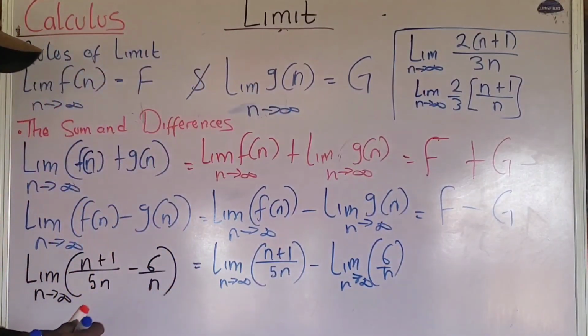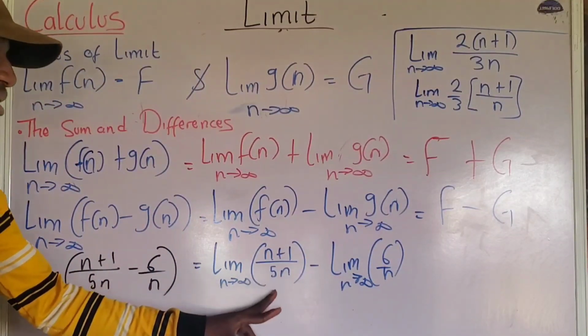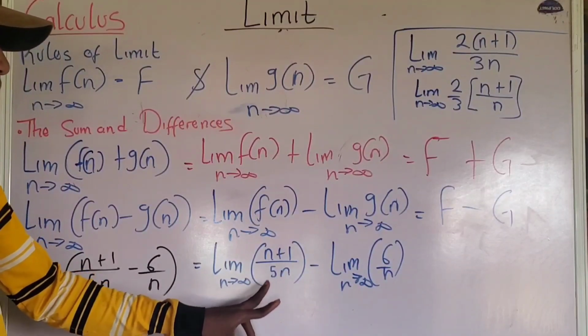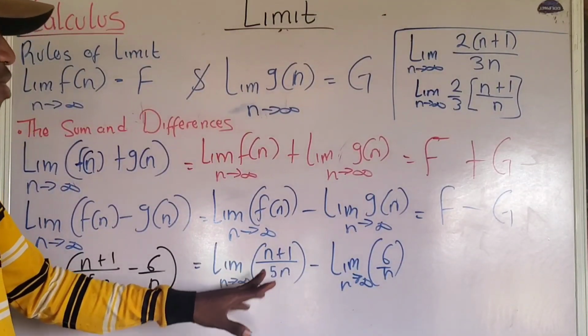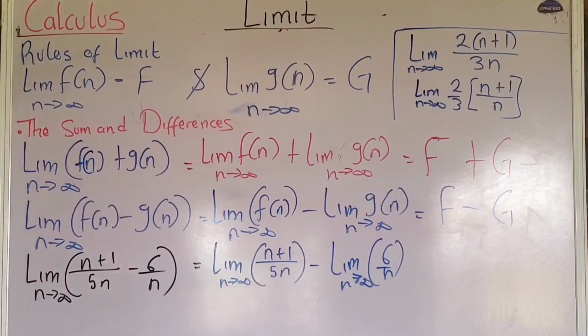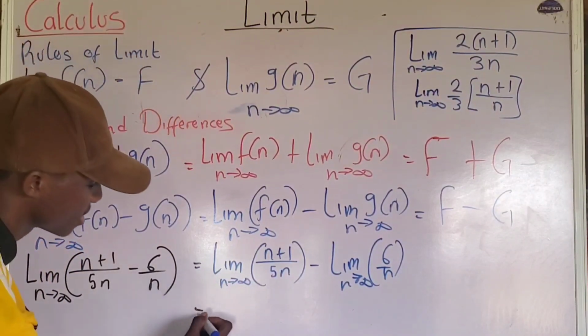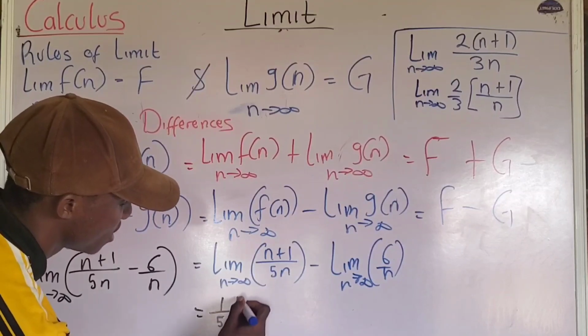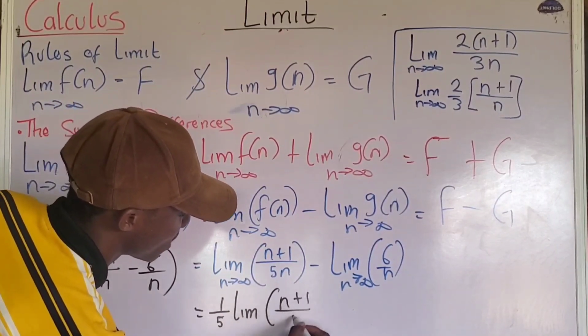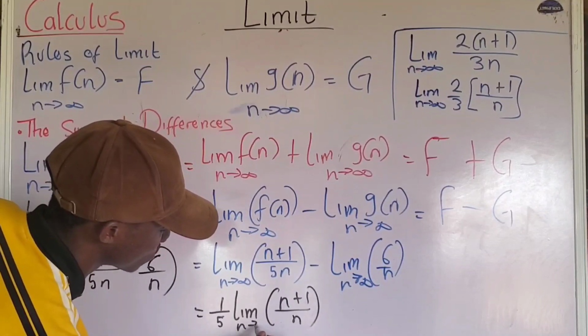Now, you see the first expression here, I can rewrite, please pay attention, according to the multiplication of a constant rule that we learned earlier. You know, multiplication of a constant is also part of the rules that apply to limits. You understand? So I can rewrite this limit as 1 over 5 times the limit of n plus 1 all over n as n tends to infinity.